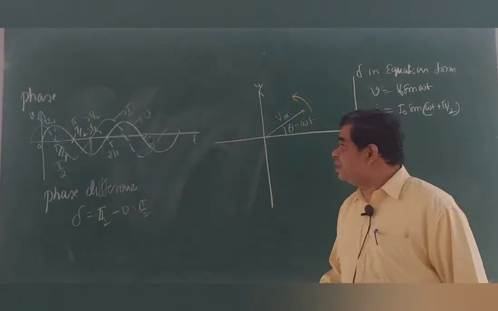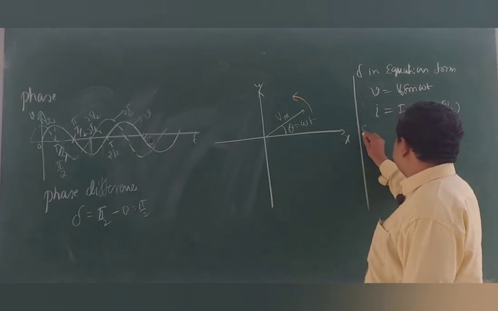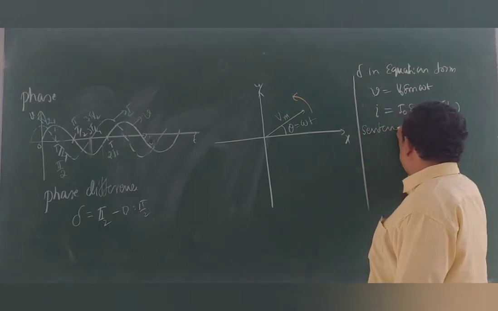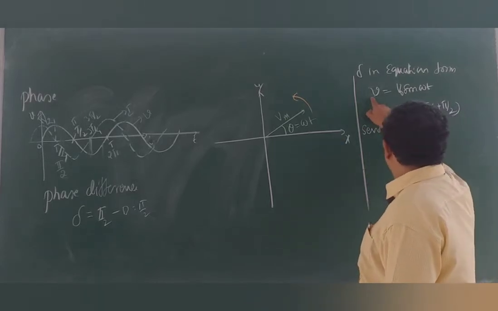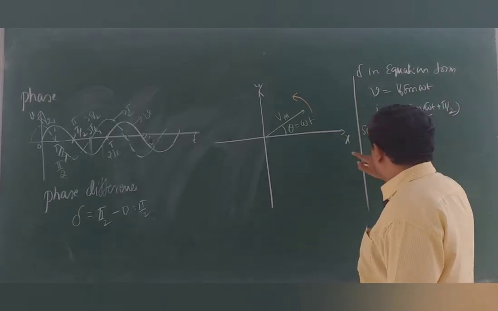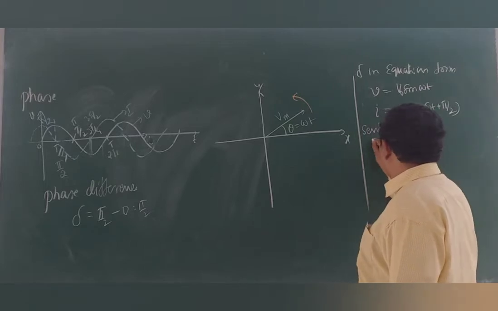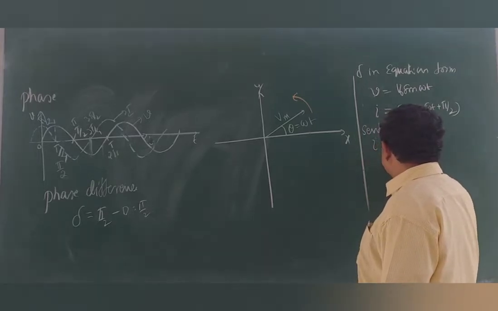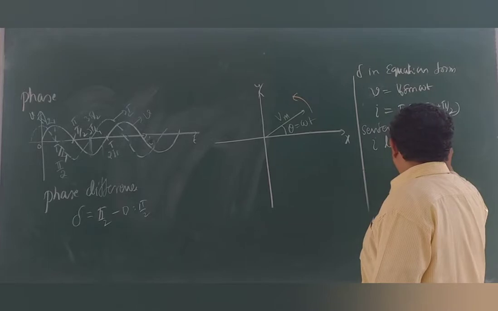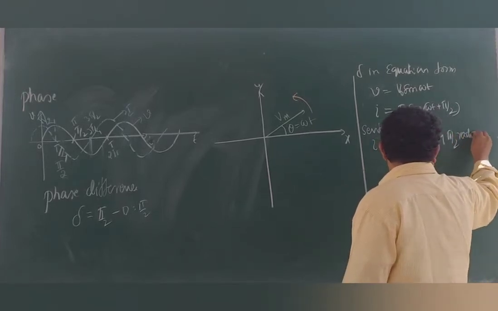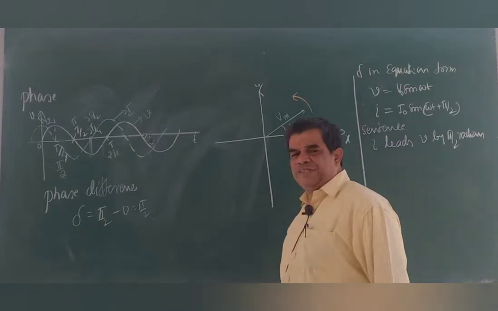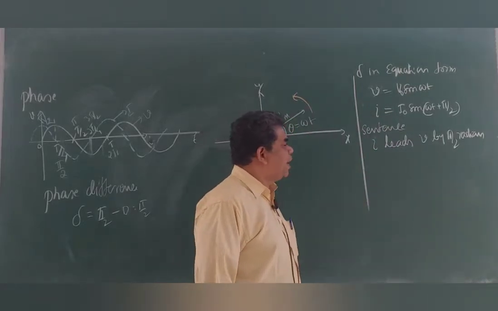The same thing can be written in sentence form. How? V is short of pi by 2, I is extra. Therefore, I write the current I leads V by pi by 2 radians. This is another way, the sentence way: I leads V by pi by 2 radians.